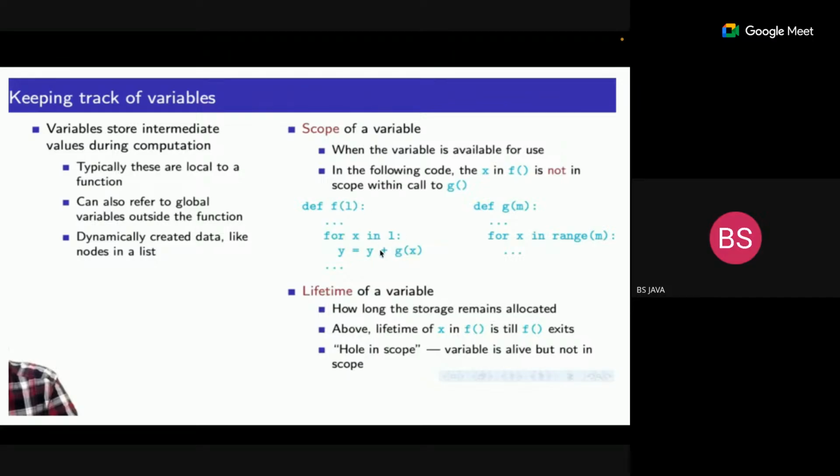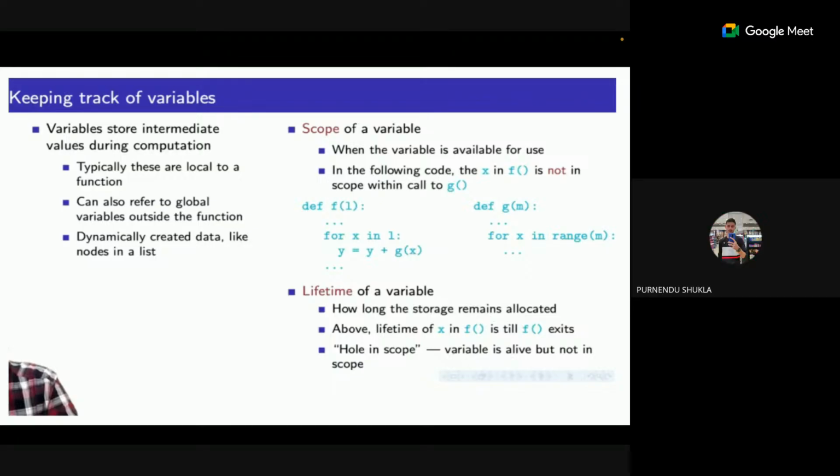We'll come to that point. So it is still alive. The lifetime of this variable is different from its scope. Lifetime means how long the storage remains allocated. The lifetime of x in f is till f exits. When this function exits, the lifetime of the variable is gone. It's not alive anymore.